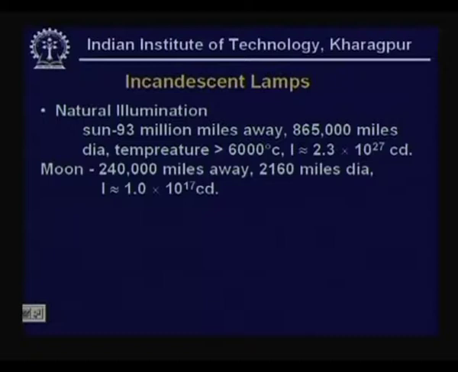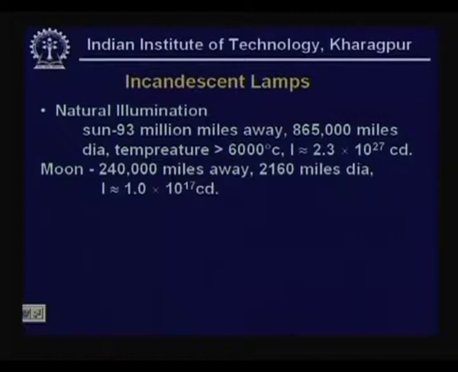Remember, in an earlier class we standardized the unit of luminous intensity, which originated from the original wax candle, and the primary standard established based on this used a good radiator maintained at the freezing or melting temperature of platinum.